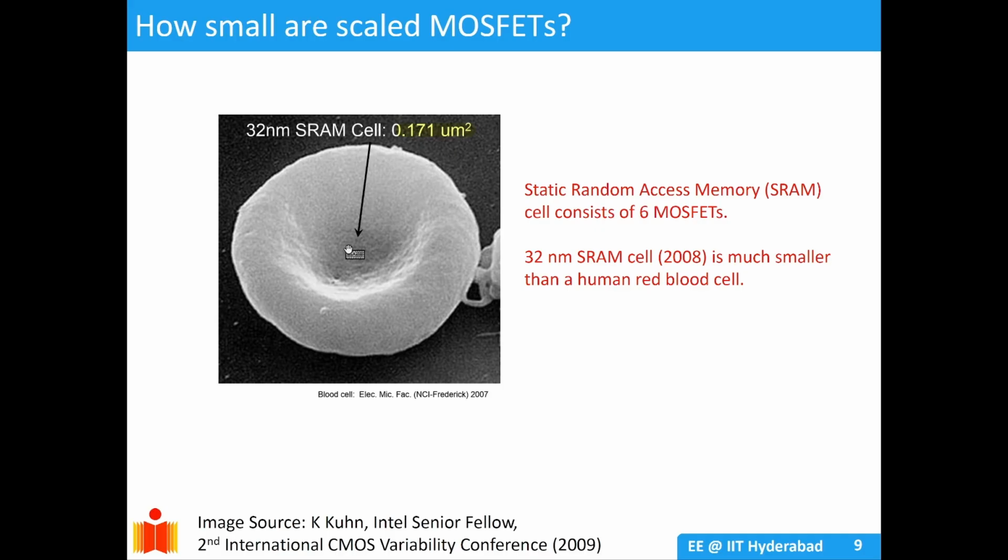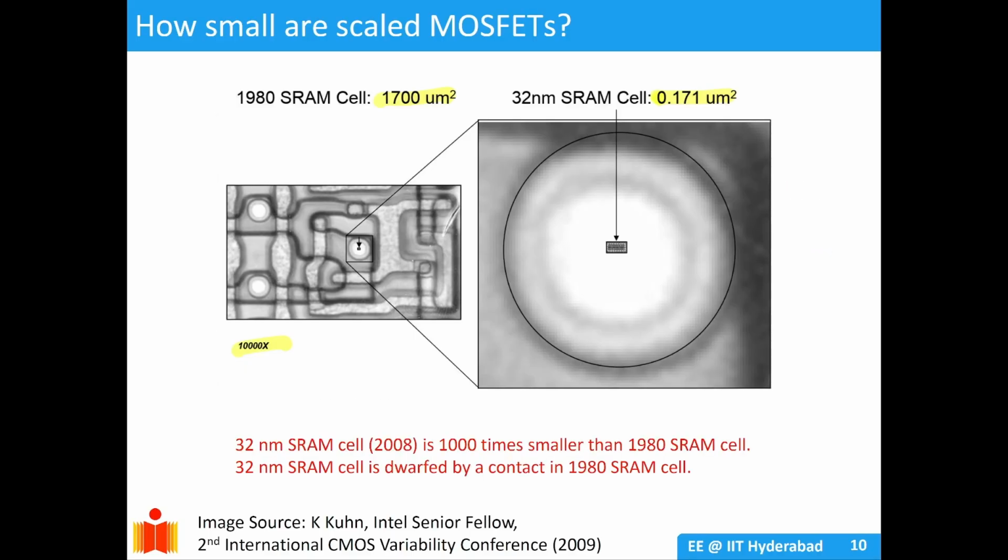You can see how much smaller it is compared to one single red blood cell. A single SRAM cell consists of six MOSFETs. In 1981, the SRAM cell area was 1700 micron square, and now one SRAM cell area is 0.17 micron square.